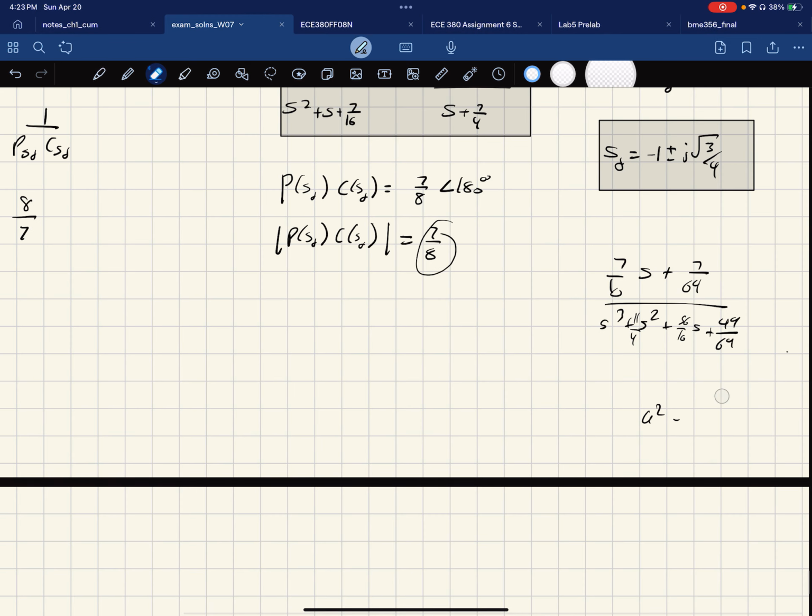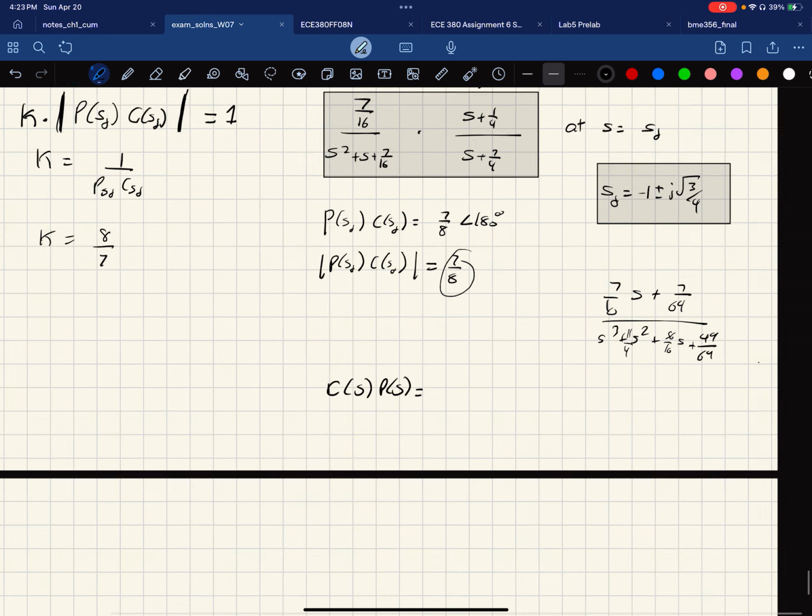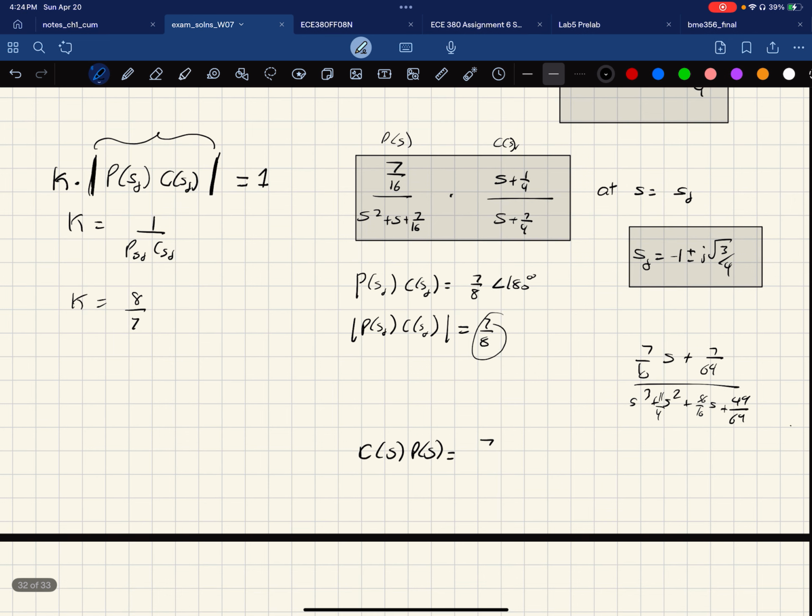So we said that C(s) P(s) multiplied together is going to be (7/16 s + 7/64) over (s cubed + 11/4 s squared + 56/16 s + 49/64).